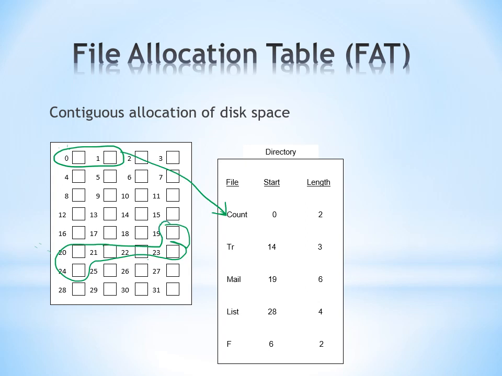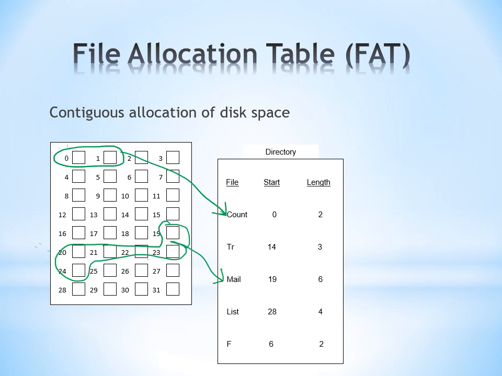This particular file is used for the mail. So the way the files will be allocated is block 19, 20, 21, 22, 23, and 24. It should be contiguous, meaning it needs to be consecutive.